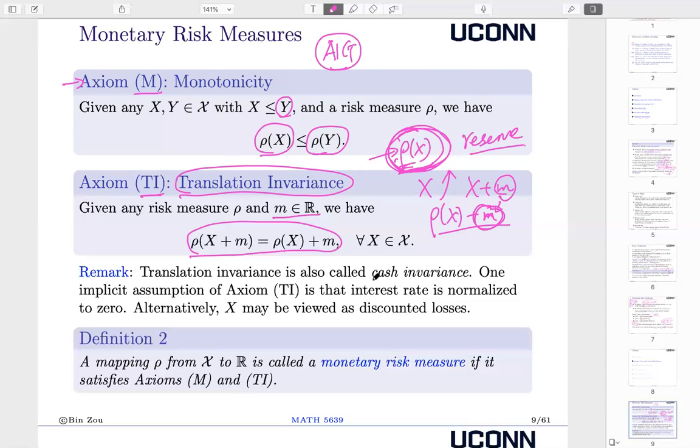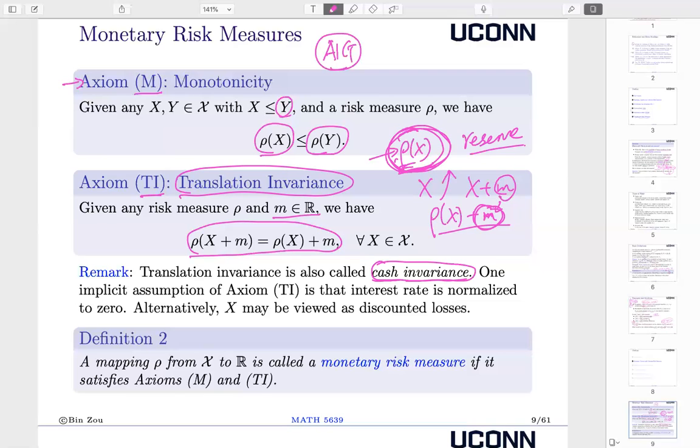Sometimes people also call this cash invariance. Cash invariance probably fits better with the example I just gave you, because here we interpret rho of x as some kind of cash reserve. If the size of the risk goes up by m, the cash reserve should go up by m.